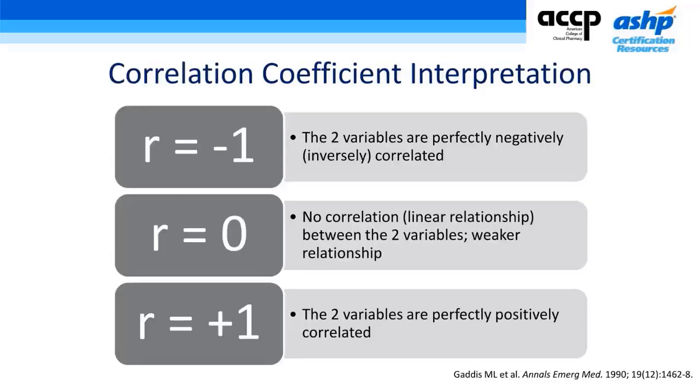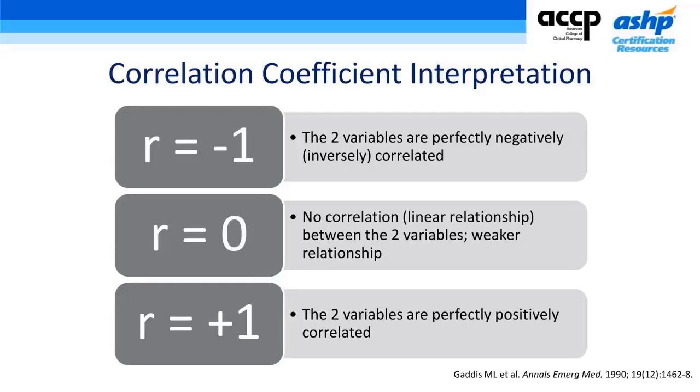This slide shows the interpretation in words of the correlation coefficient. So if your correlation coefficient equals 0 or is close to 0, there is no correlation between the two variables. So there is no linear relationship, which means the relationship is weaker between the two variables.